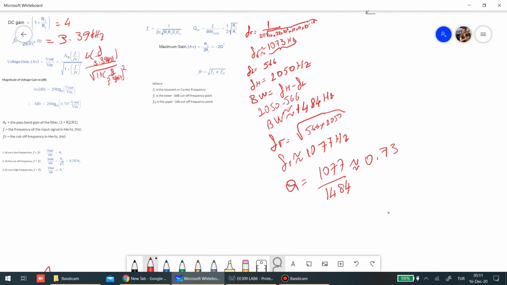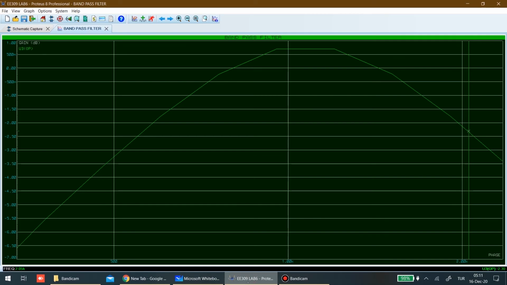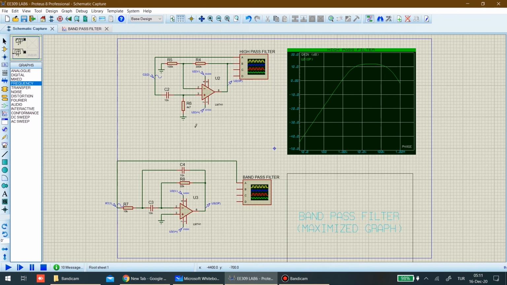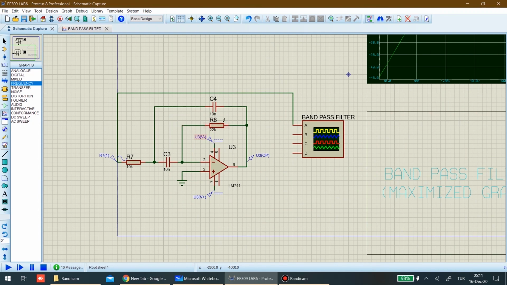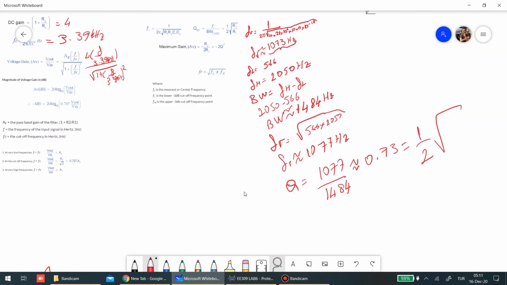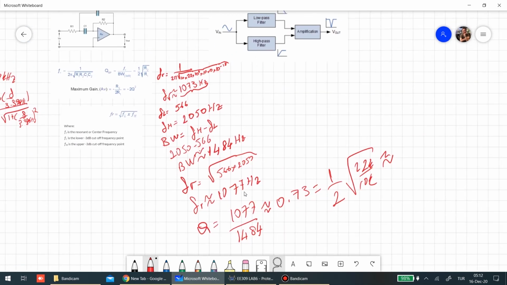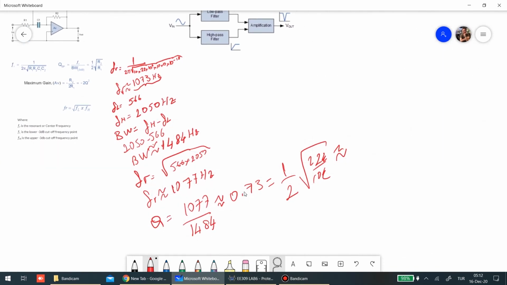Now it should be equal to 1 over 2 times the square root of R2 over R1, that is 22 kilo ohms over 10 kilo ohms, which is approximately equal to 0.74.